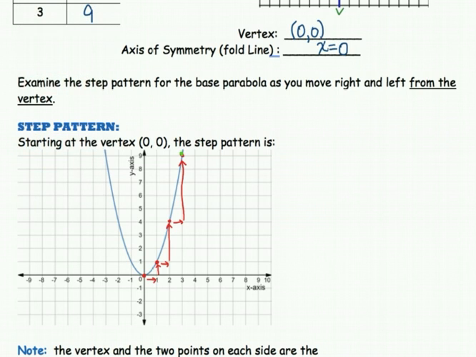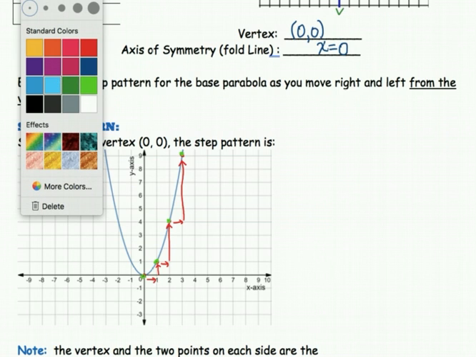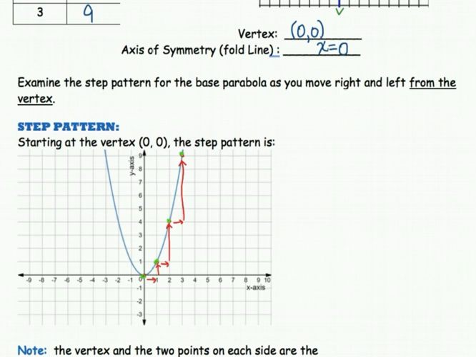So what did we notice? Whenever we went over 1, we went up 1. Then from that point, if we go over 1, over 1, up 1, over 1, up 3.